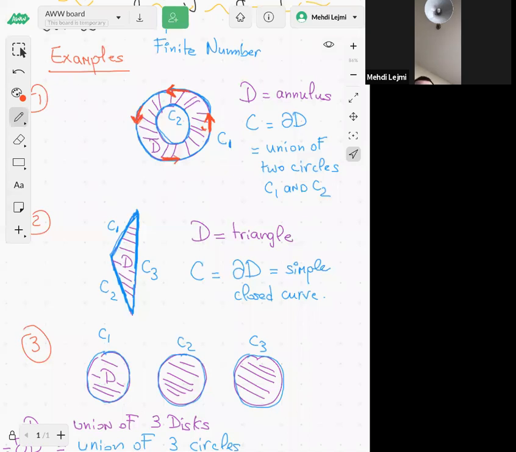Now, what about the orientation of C2? Again, you need D to be on the left of the orientation. So for C2, it's going to be clockwise orientation, so that D would be on the left of the arrow. So the right orientation for C2 is the clockwise orientation.